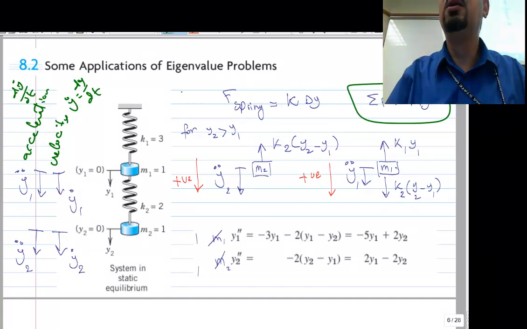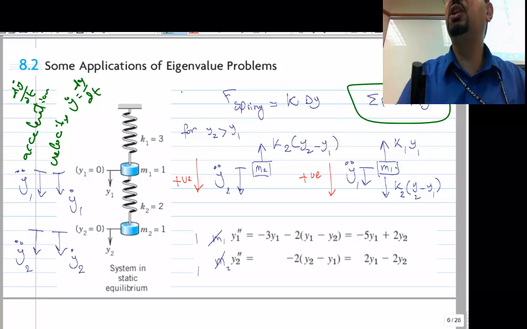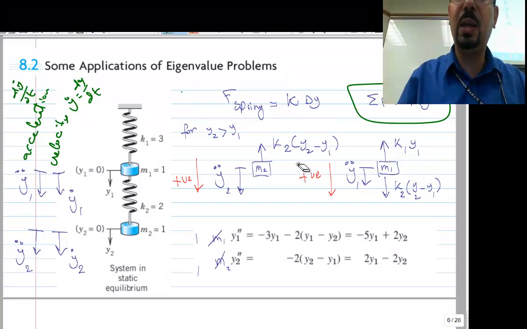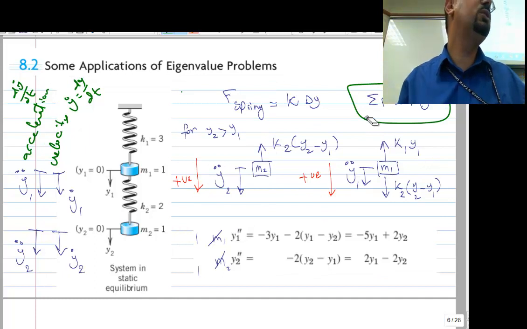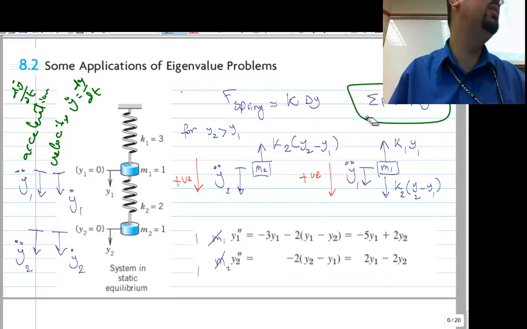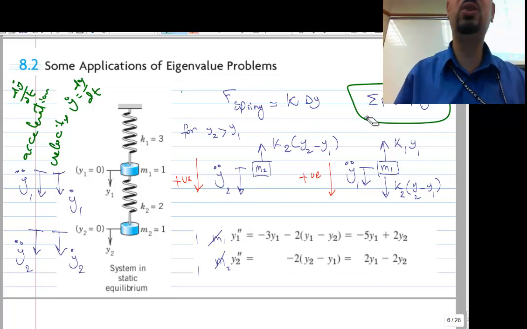Alright? So to write the differential equation, Newton's second law for the first mass, I need, what do you call this? The free body diagram. You put the forces acting on it so that you can say, here is the mass times acceleration equal to the forces.